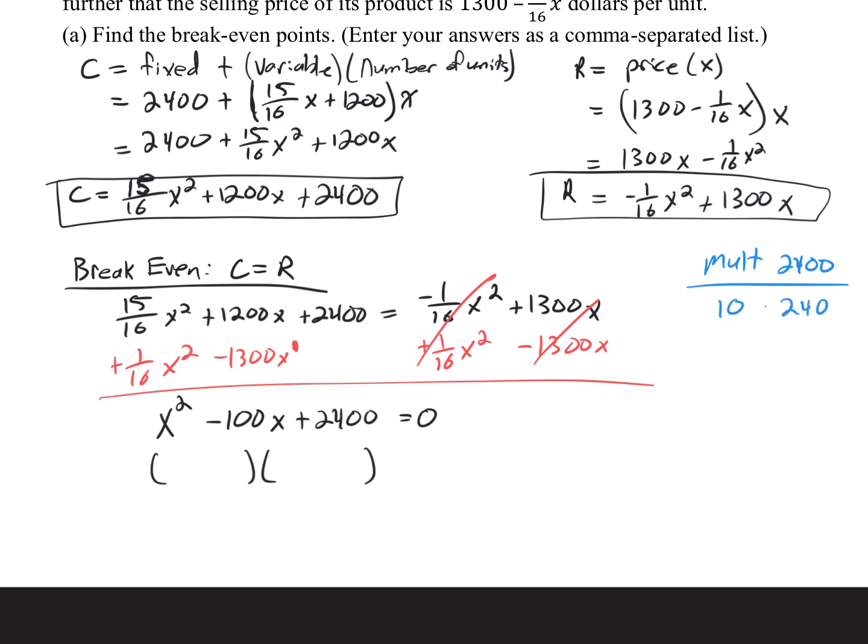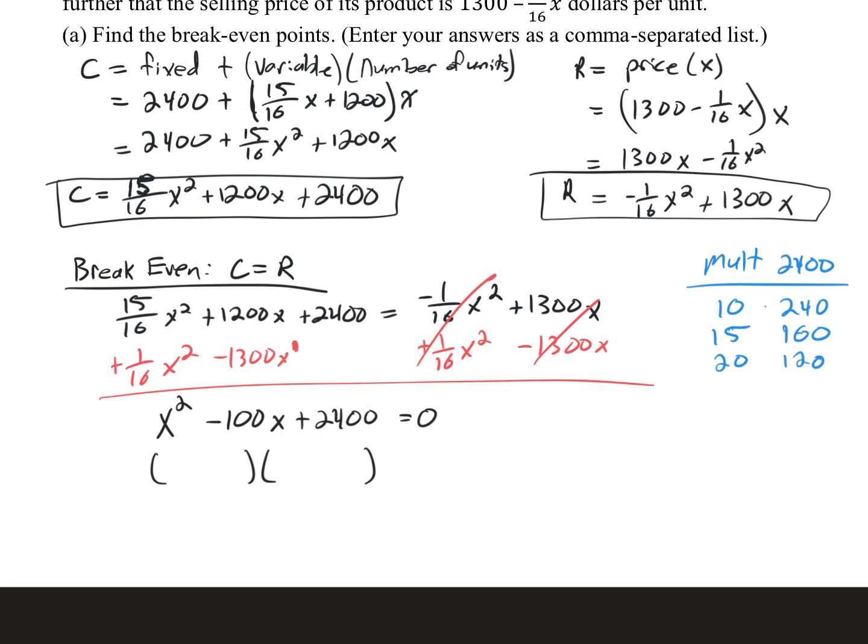I see that these don't add up to 100, so I'm going to skip down a little bit. I'm going to see if I could divide it by 15. So let me check 2,400 divided by 15. It is 160. That doesn't seem to work. I'm going to jump to 20. 2,400 divided by 20 is equal to 120.